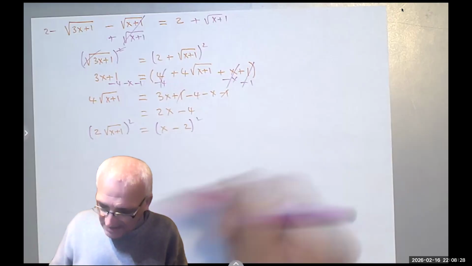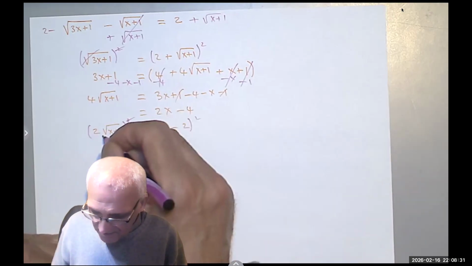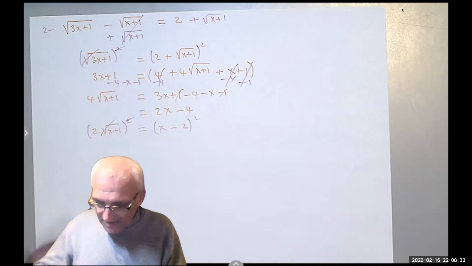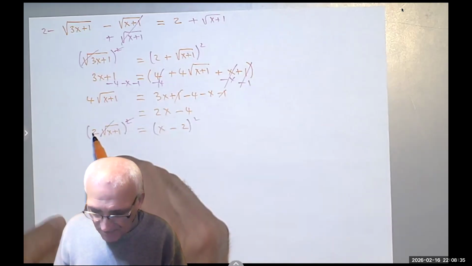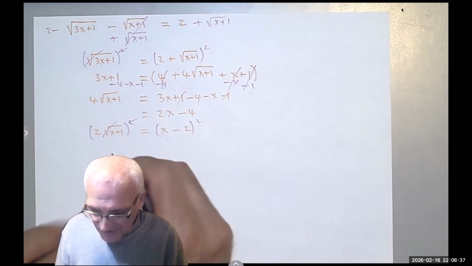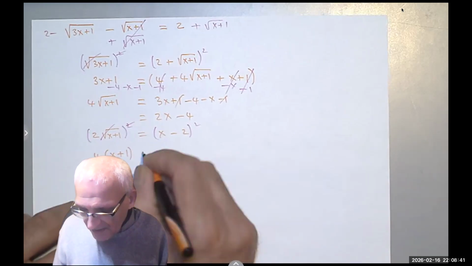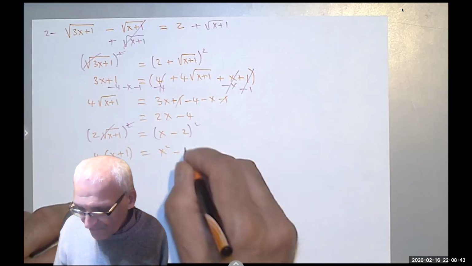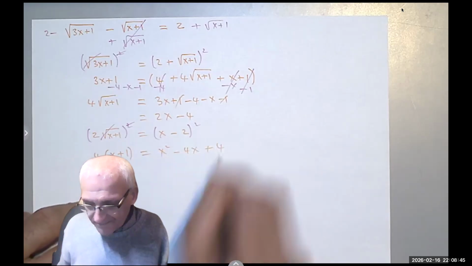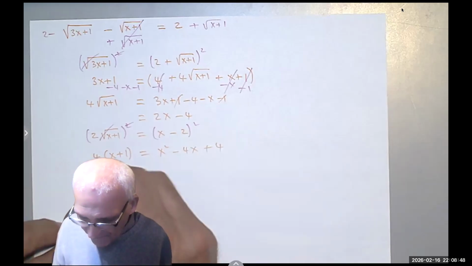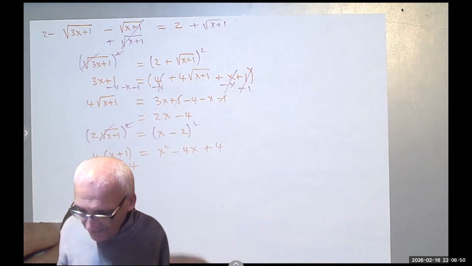And now, like we said, the square and the root would cancel, but before doing that, you have to realize it's 2 squared, so it's 4 times x plus 1 equals x squared minus 4x plus 4. This is 4x plus 4.